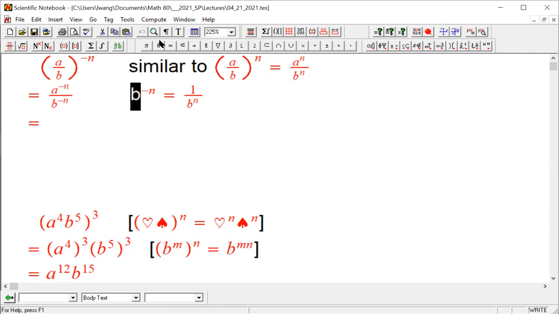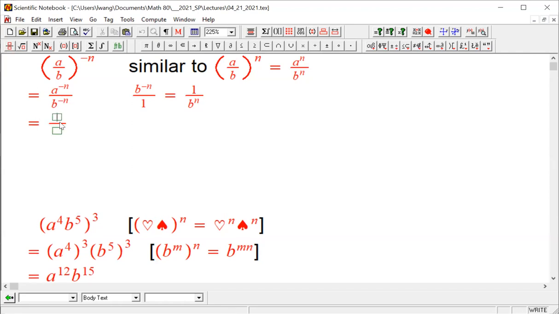Sometimes you can see this process as such. The denominator 1 is there, you don't have to write it. So these two are in this relationship: negative n and n are opposite to each other.